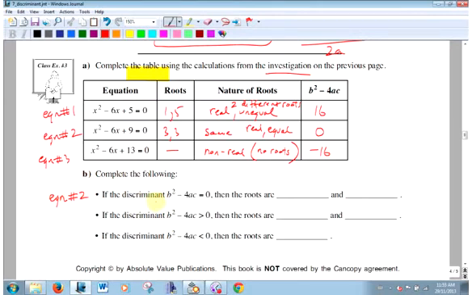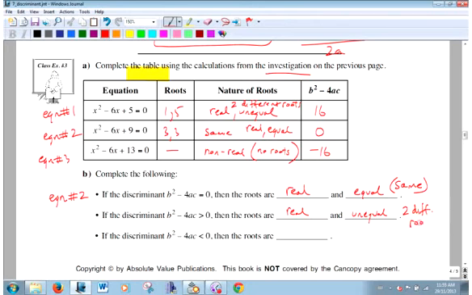This was equation 2 when it was equal to 0. Okay? If the discriminant is equal to 0, then the roots are real and equal, right? Same. If it's greater than 0, they're real and unequal, right?